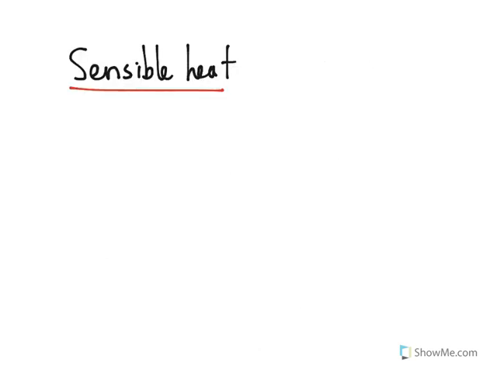The heat that is called sensible heat is the heat that we have defined with the heat capacity or with the specific heat. And this is sensible because it is sensible to a change in temperature. So if you introduce heat into a system, then the temperature will change.